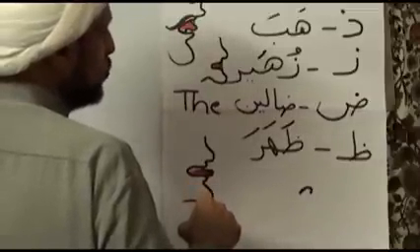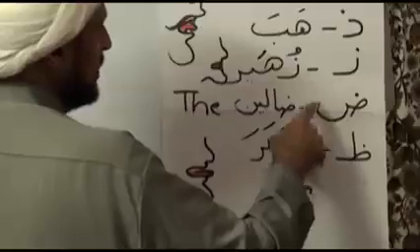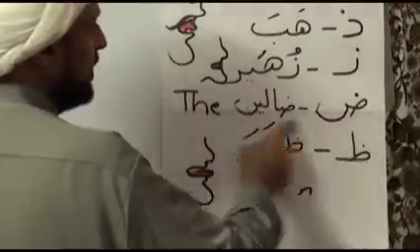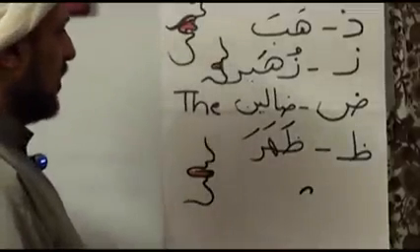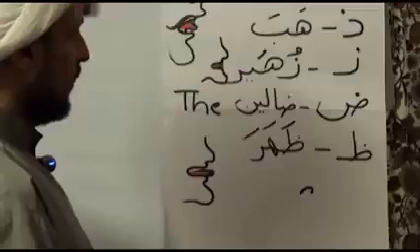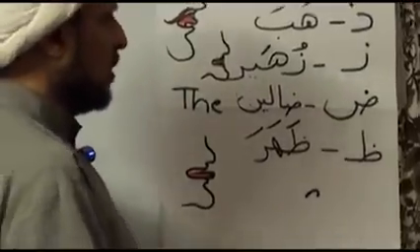Zuhair, Zahra. And this one, dha, in the beginning you can try to say it like the cat, the book, wala dhalin, but actually it is more than that. It is like hitting the teeth, wala dhalin.